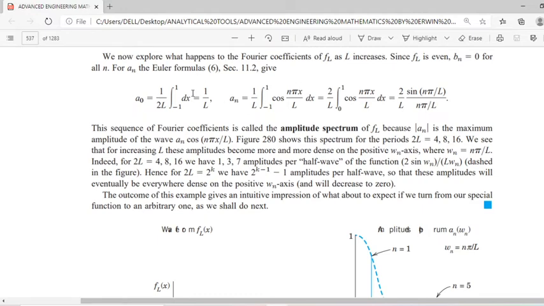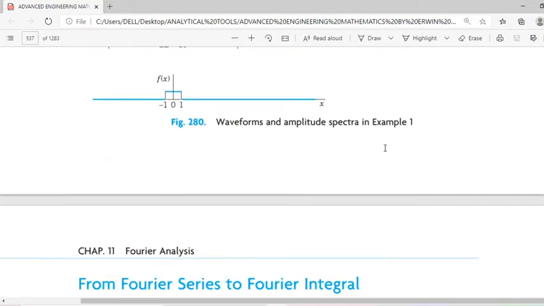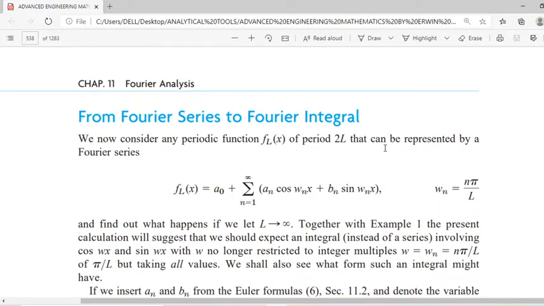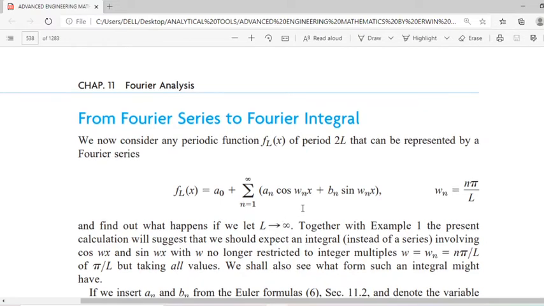You will get a naught as 1 by L and an as n by L. Now we consider fL of x equal to the general form of the Fourier series: a naught plus summation n from 1 to infinity of an cos wn x plus bn sin wn x, where we use wn for n pi by L. So what happens when L tends to infinity?